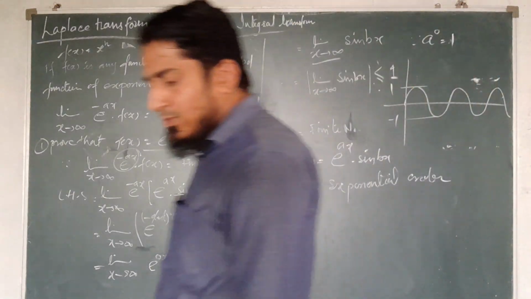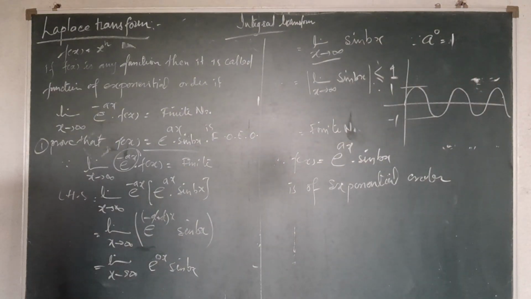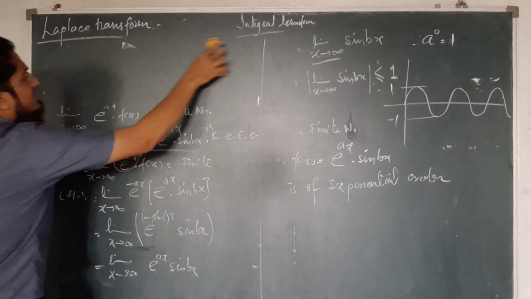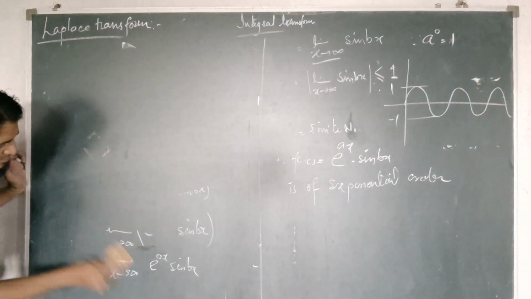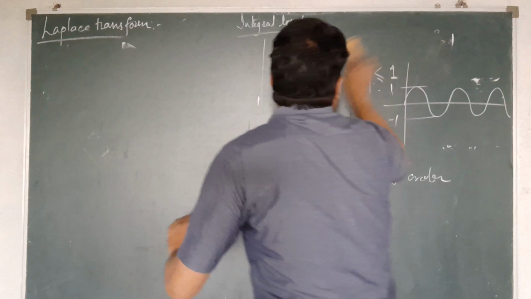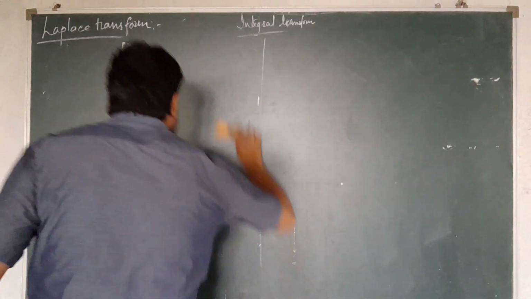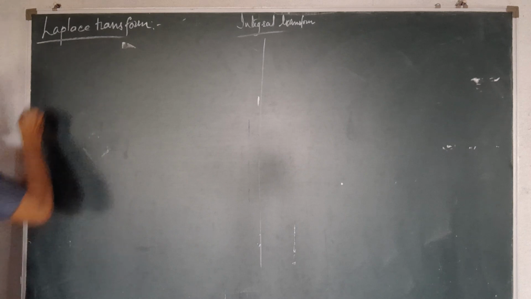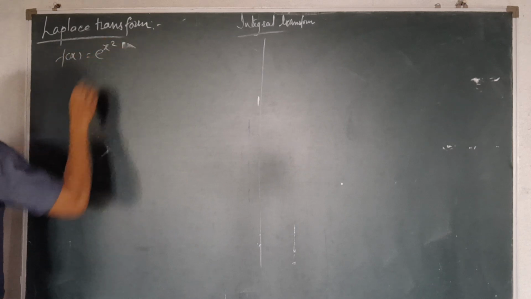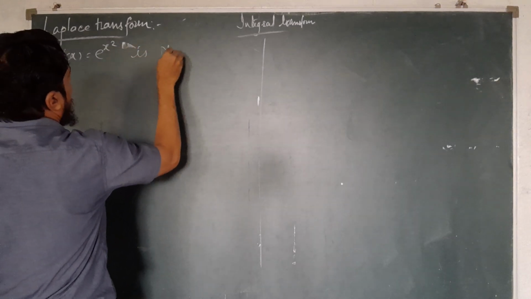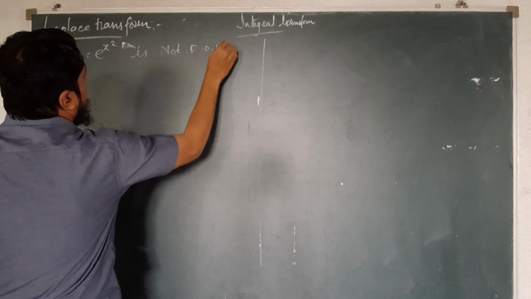Now, take one more example. Show that the function f of x is equal to e raised to x square is not a function of exponential order.